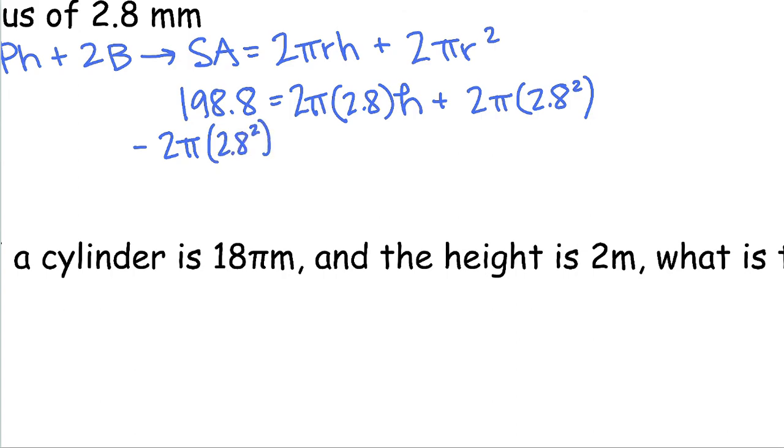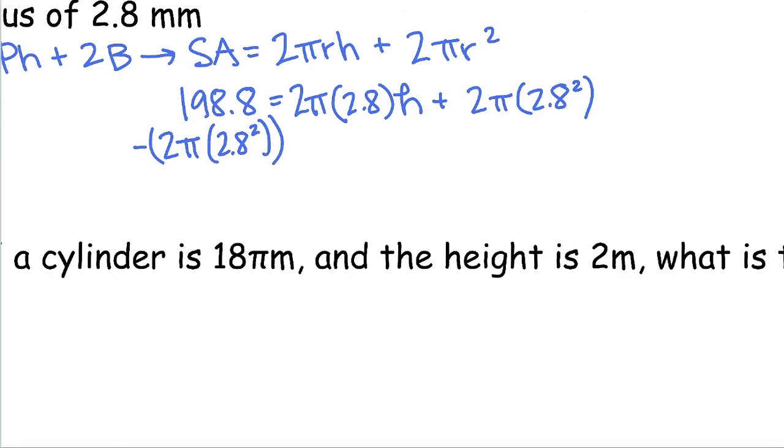So we can go ahead and plug that into the calculator if you want to. 198.8 minus, and then put all this in parentheses just to get used to putting in parentheses. 2 times π, parentheses, 2.8 squared, in the parentheses.